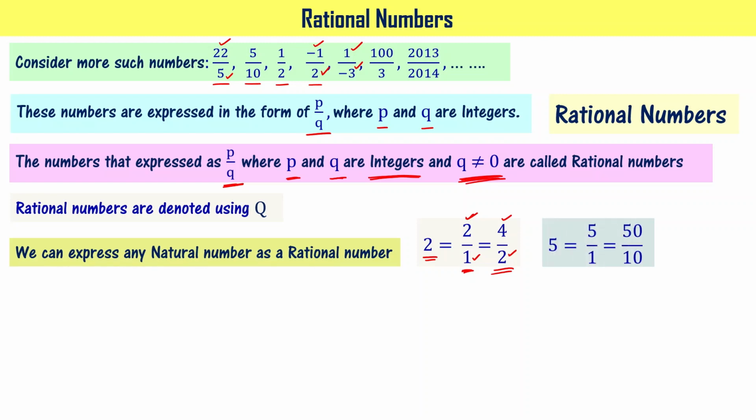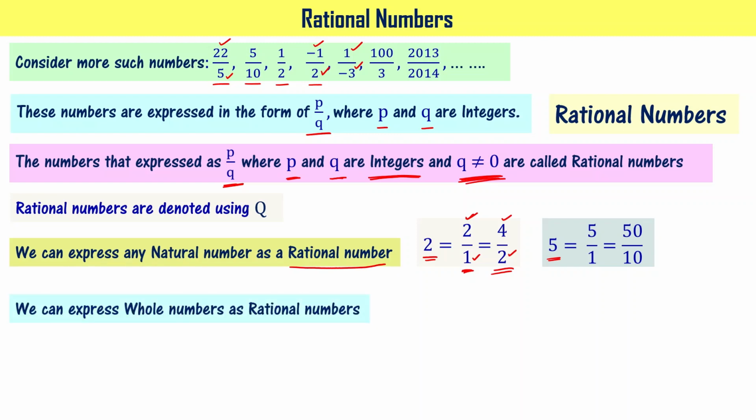Similarly, 5 can be written as 5 by 1 or 50 by 10 or 500 by 100. In all these cases, we are expressing 5, which is a natural number, as a ratio of two integers. That's why it is a rational number. It means we can express any natural number as a rational number, right?